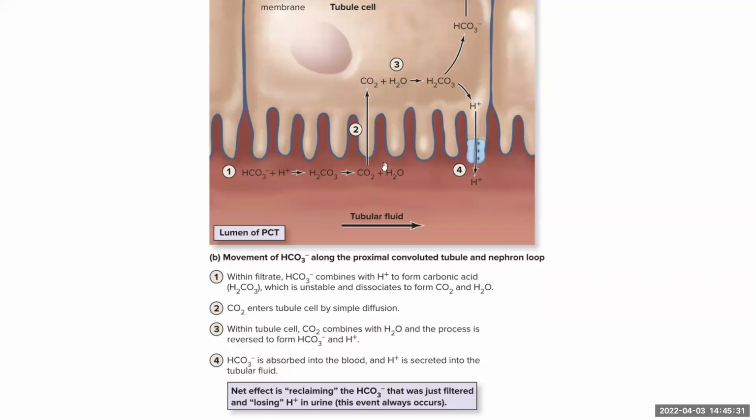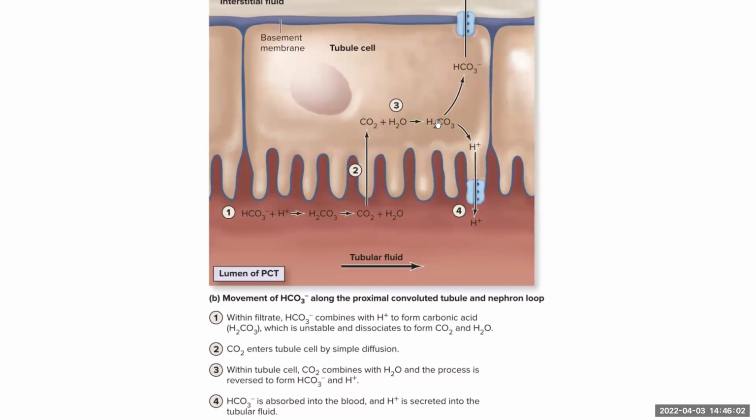Well, those two substances have relative ease moving into these cells, and that's what they do. The carbon dioxide moves into the cell, and then it'll recombine with water. And we're just going to move this equation backwards now. So carbon dioxide and water recombine into carbonic acid, and then again, it doesn't stay together long.